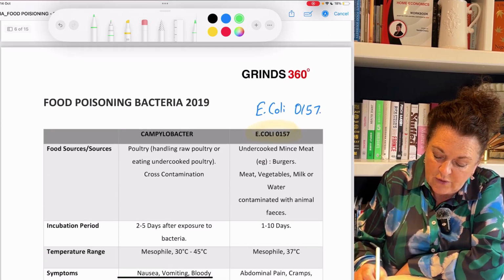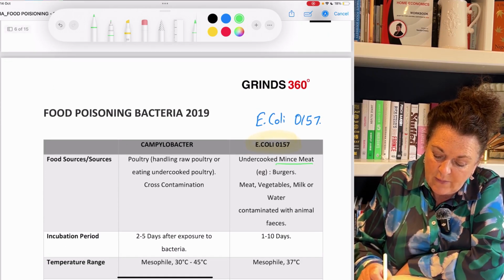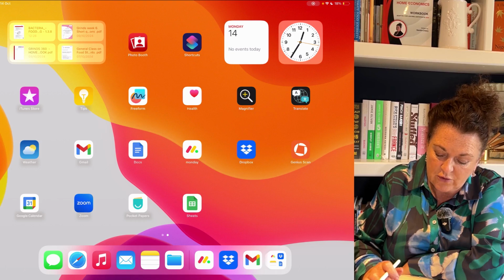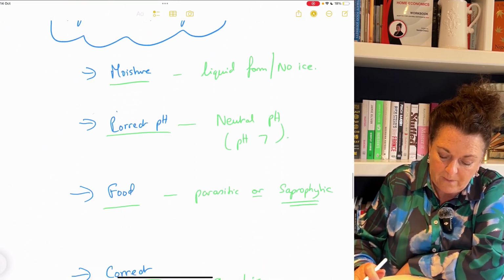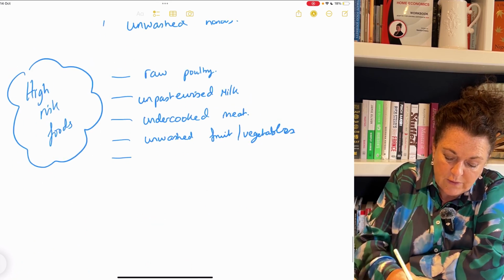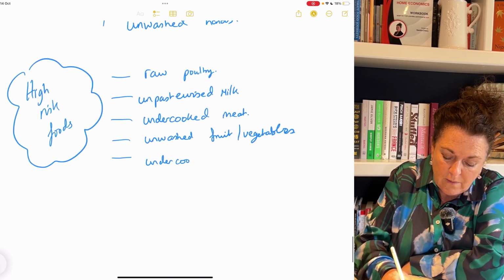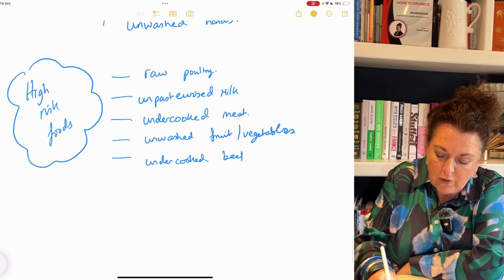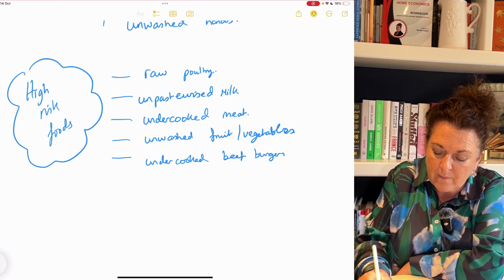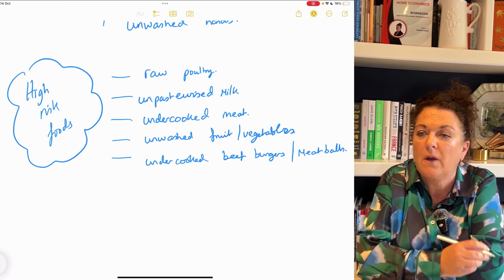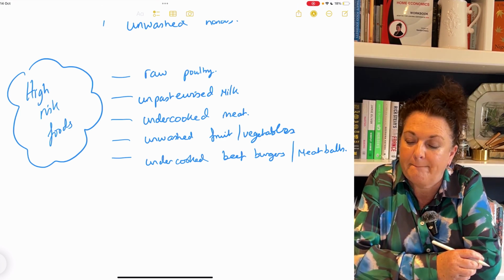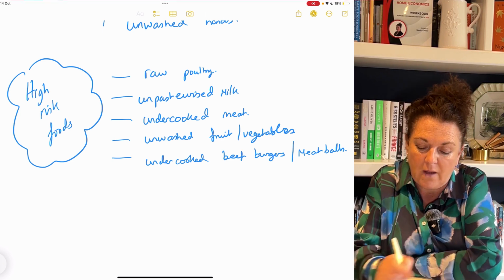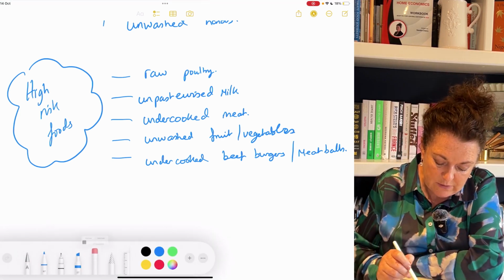And so milk, water, and undercooked mincemeat, or say undercooked burgers, which we had earlier. So undercooked beef burgers, meatballs, and that's repetition there now, isn't it? Just stuck in there.